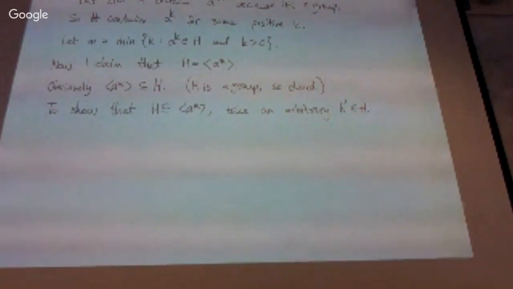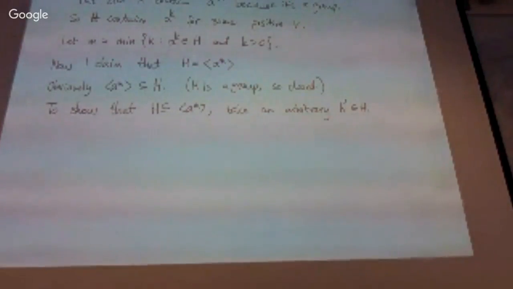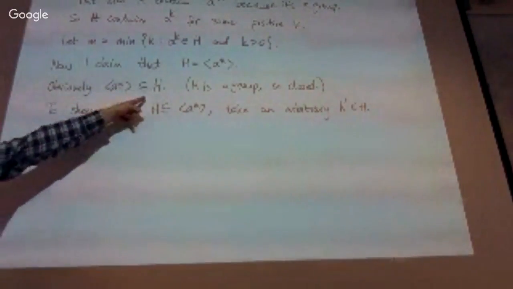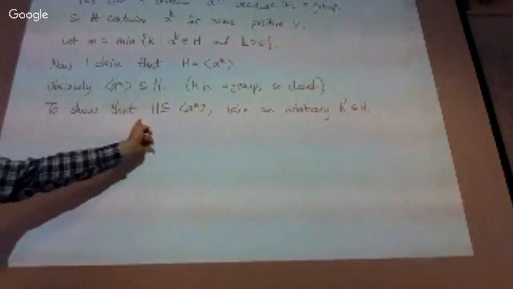Why? You just said that a to the m generates. No, that's what I'm trying to prove. Yeah, but you've just said obviously. Yeah, I've obviously said that this inclusion is true, and now I'm trying to prove the other.